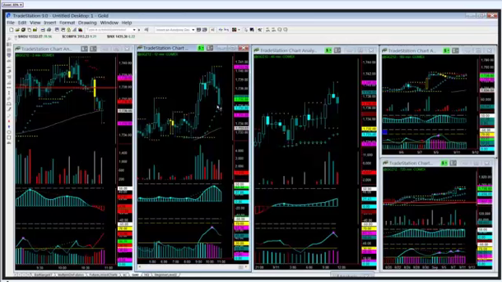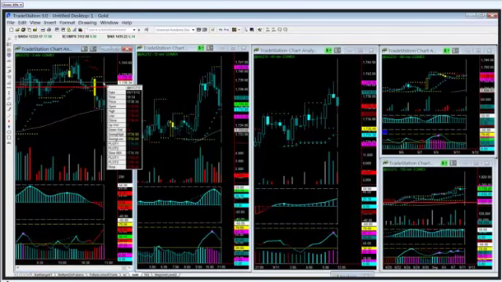I'm expecting a bounce off of this ATR on the 12-minute. Let's see if it happens. If I get the magenta peak on the 3-minute, that tells me it should pull back to the ATR over here, which is at 1738.6.